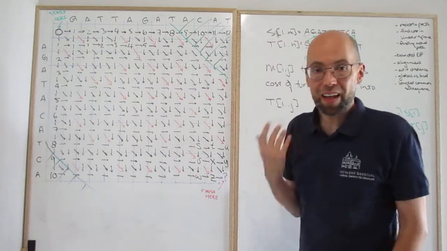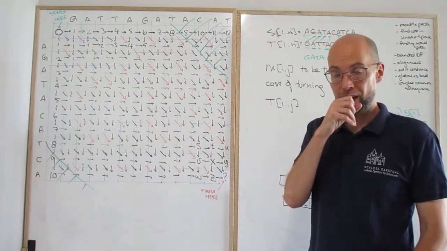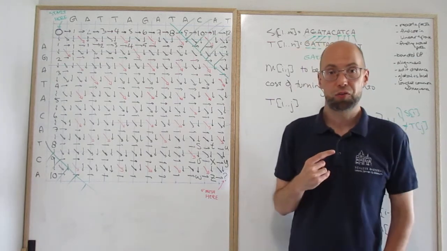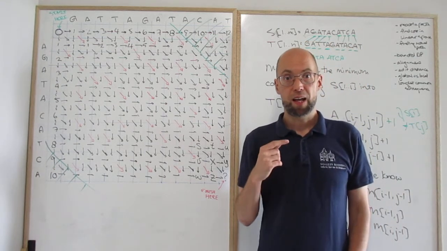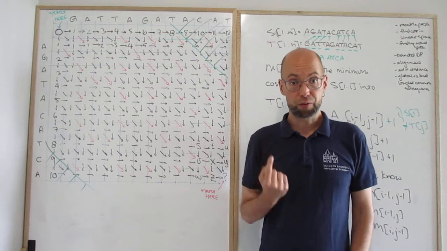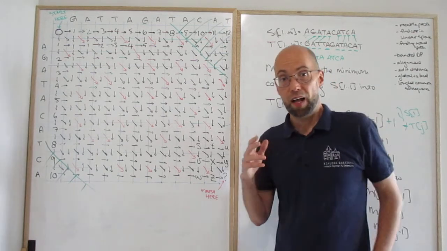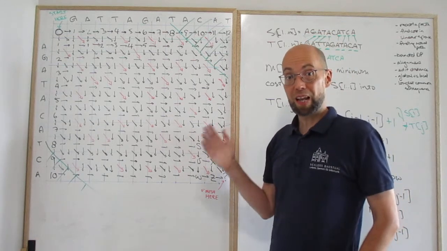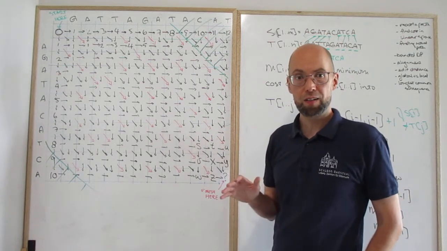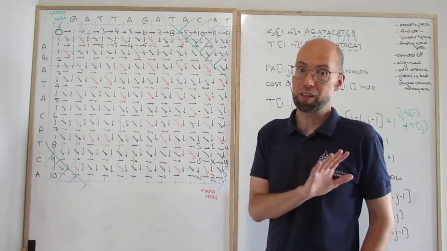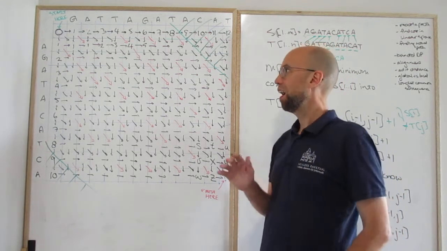What would I change? Instead of saying black arrows cost 1 and red arrows are free, it would be like saying black arrows, you get nothing, and red arrows, I pay you $1.